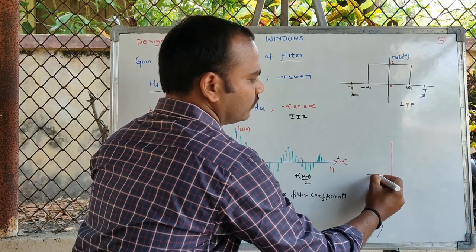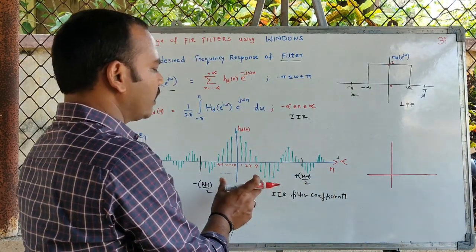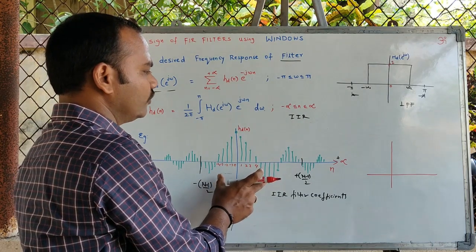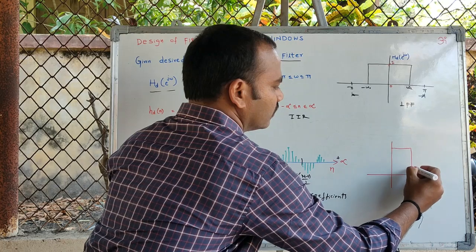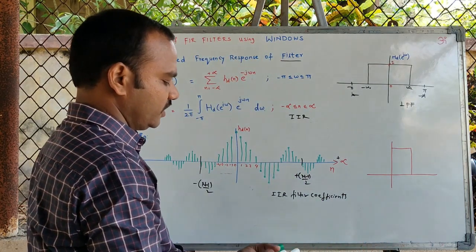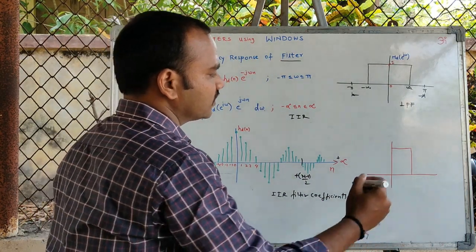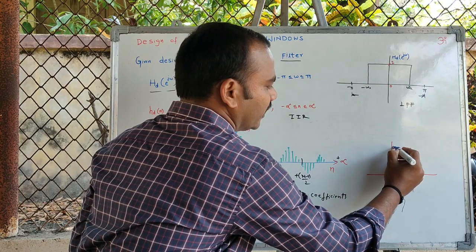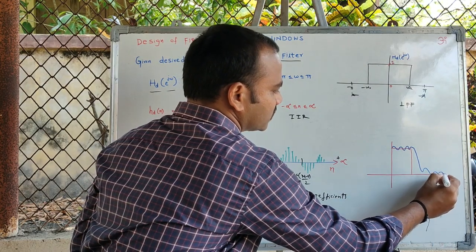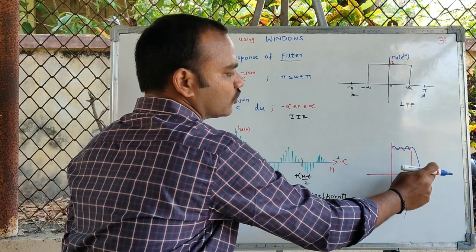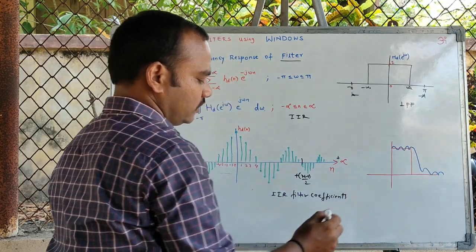If the filter is designed by abruptly truncating the filter coefficients, then this is the desired frequency response, whereas because of the abrupt truncation, there are ripples in the pass band as well as in the stop band.